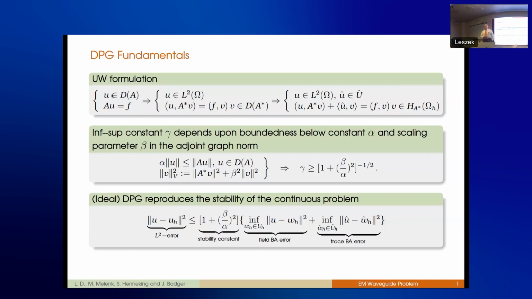We stole the name from Cessenat and Després. And when I confessed about that to Després, he said, that's all right, we stole it from Lions. So the name has been in use already for some time. And this is what we call the ultra-weak formulation because the energy space for u is L2.